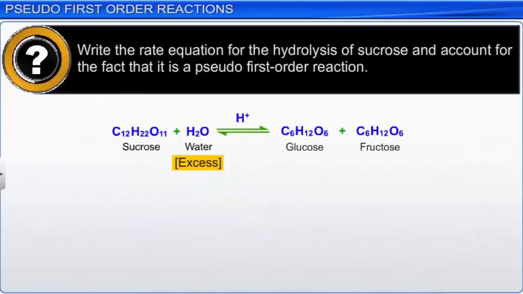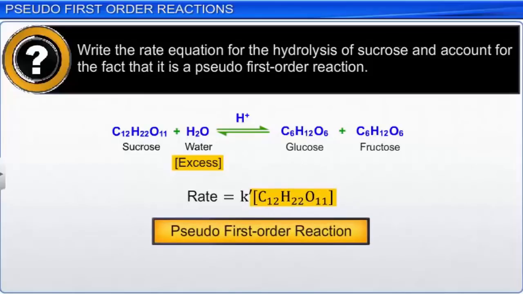As a result, the rate equation can be written as rate is equal to new rate constant K dash multiplied by concentration of sucrose. Since the rate of reaction depends only on one concentration term, it is a pseudo-first order reaction.